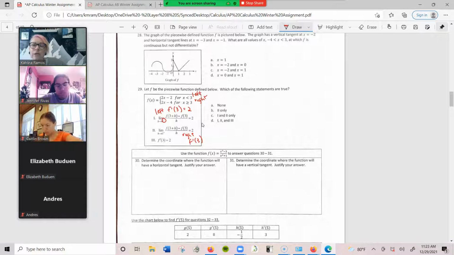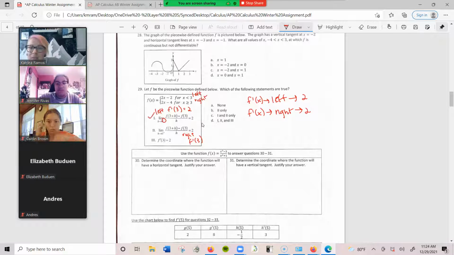So we're going to get the derivative of the left and the right. f prime of x for the left side, which is the top, is 2. f prime of x for the right side is also 2.